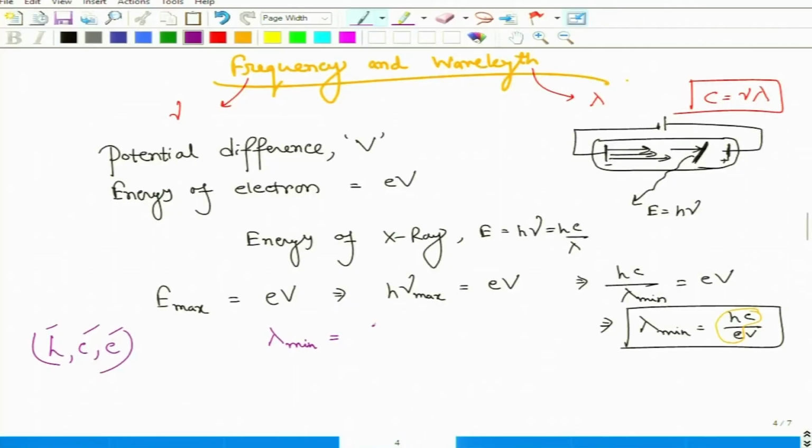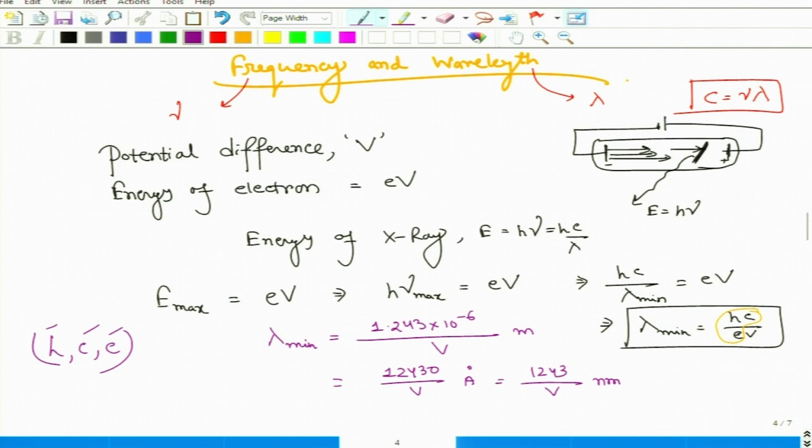If you put it, then we obtain lambda min will be 1.243 into 10 to the power minus 6 divided by V in meter, because lambda is the wavelength, it should have the unit in meter, centimeter or Angstrom. So we can write it. Okay, so this is the unit.